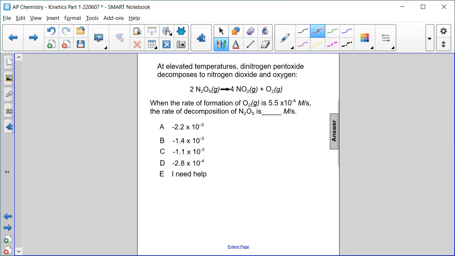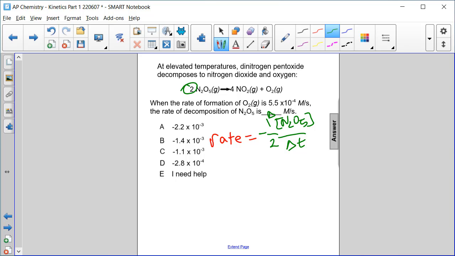So let's do this. Let's say rate is equal to minus 1 over 2, since I have a coefficient of 2 here, times the change in concentration of N2O5 over a change in time.